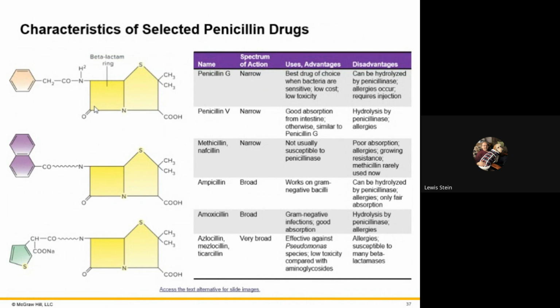One was here, one was here, and they named them G and V. Interestingly, V, and this is a very consistent finding, was relatively penicillin G, which was the first one. Very low cost, been around forever. Big problem with it, it doesn't work very well orally. And people would much rather be able to take pills on a regular basis than have to go in and get shots or an IV all the time. Very inconvenient to do at home.